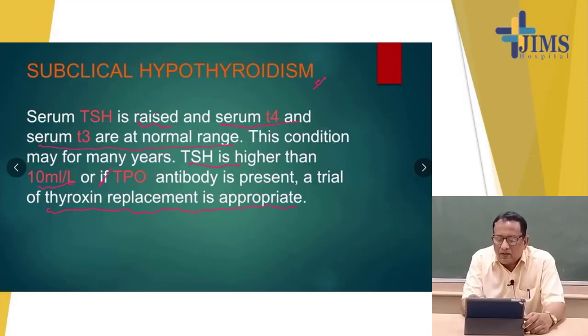Some physicians wait for the T4 to go down and TSH to go above 10, then start replacement therapy. So subclinical hypothyroid means there is a process of hypothyroidism. TSH is rising, but T4 is yet to be low, and there are no symptoms of hypothyroidism.